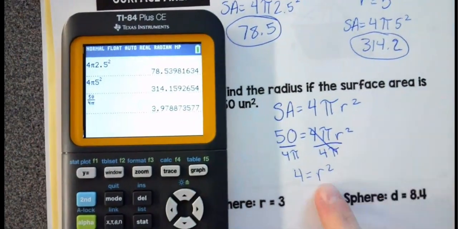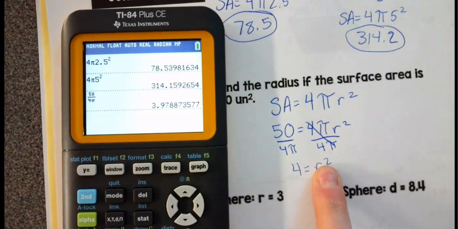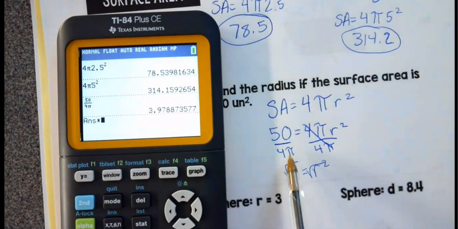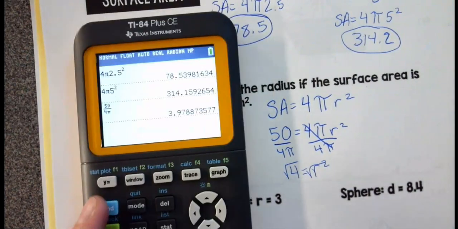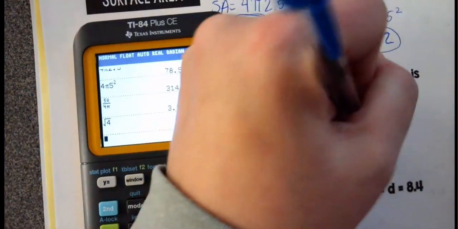And then here's where people tend to mess up and they forget. Your last step is to take the square root. So this is a 2-step problem. You're going to start by dividing by 4 pi, and then you take the square root of that number. And so you're going to end up with r equals 2.